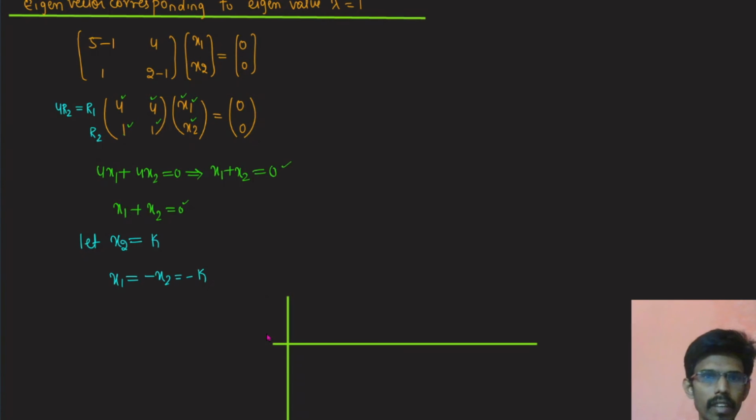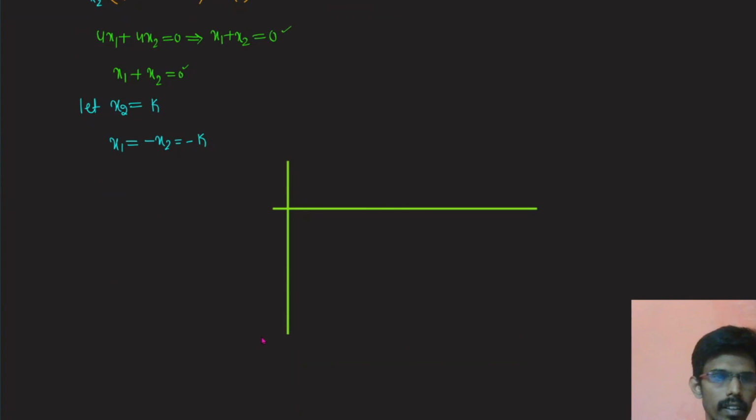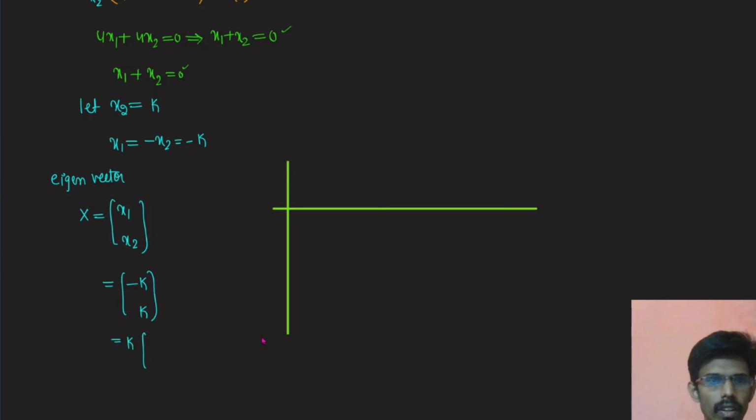So we got the eigenvector now. Let me write down here, eigenvector will be capital X, that is x1, x2. Here we have x1 value minus k, x2 value k. If I take k common, I'll get minus 1, 1.